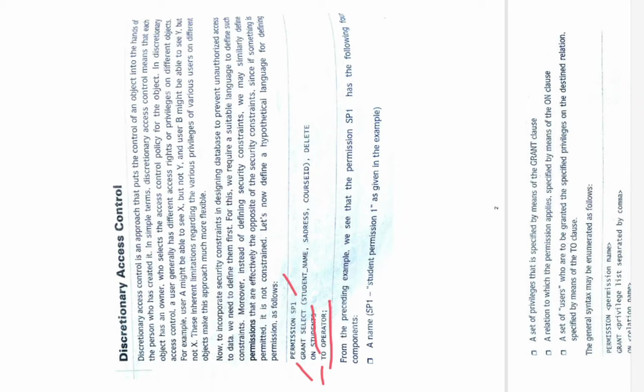This operator is the user on to which the specified privileges are to be granted, and the relation is the one on which the permissions are being applied, as specified by the on clause. Those are the destined operators.